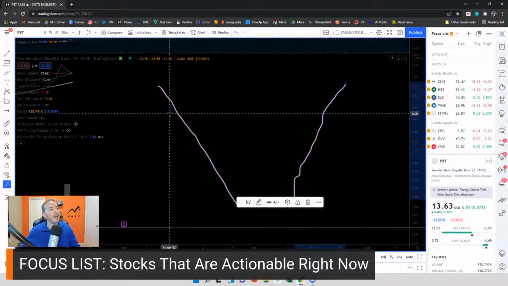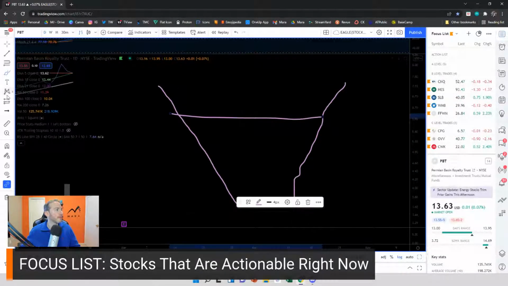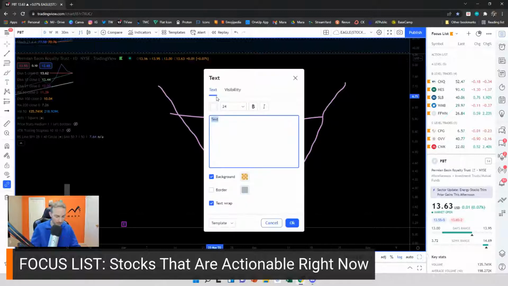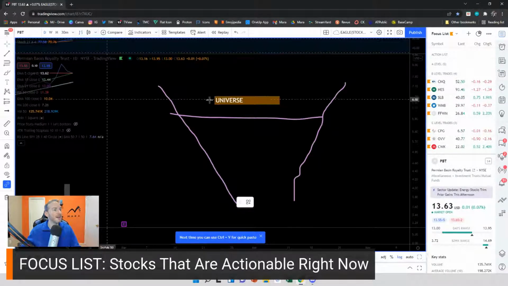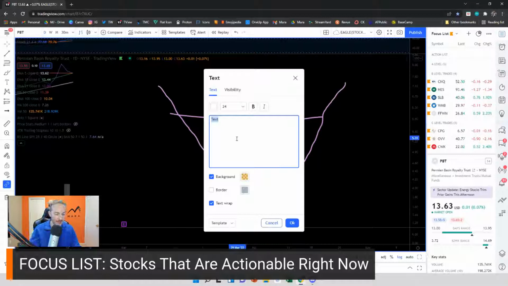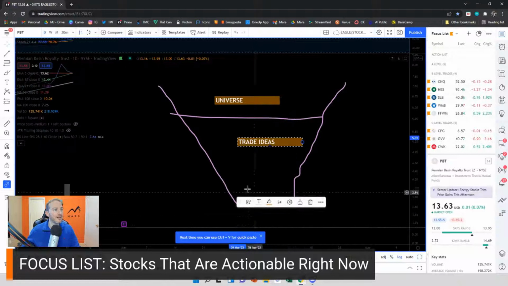You have a universe. Then below that is your trade ideas. Gets better, right?